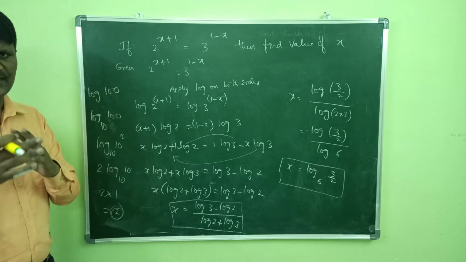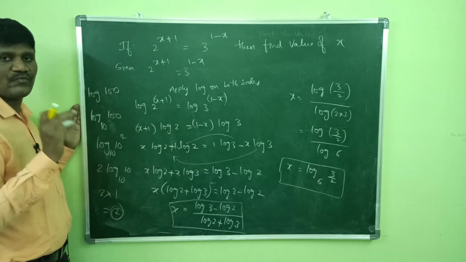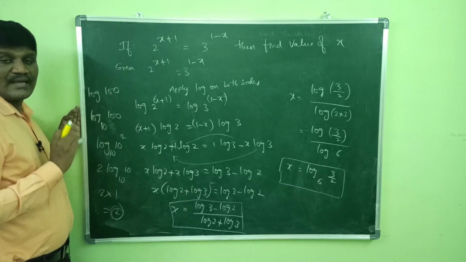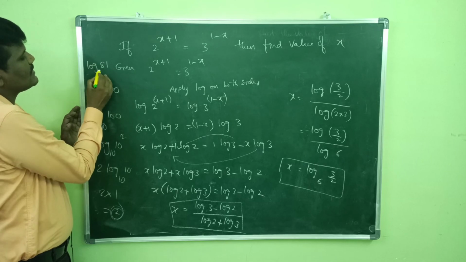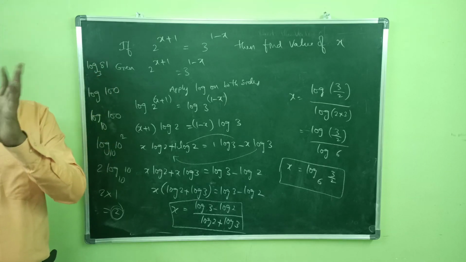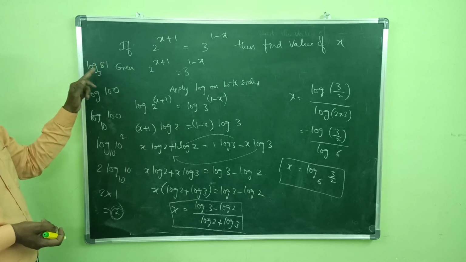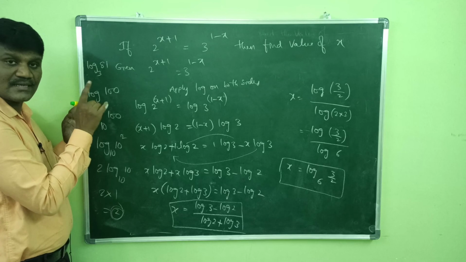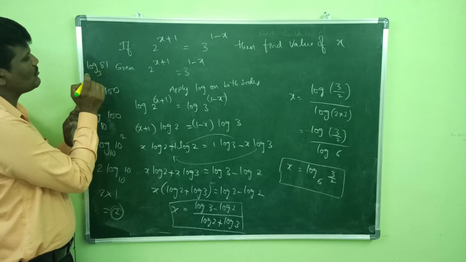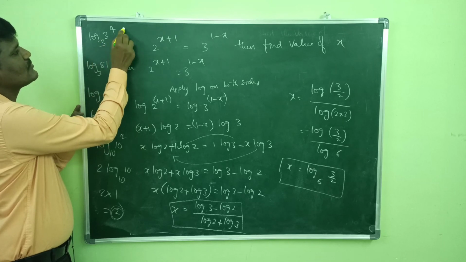So in the previous video, one slide is given. In that slide, they asked whether log 81 to the base 3 is irrational or rational. It is a rational because 81 I can write 3 power 4, log 3 power 4 to the base 3.